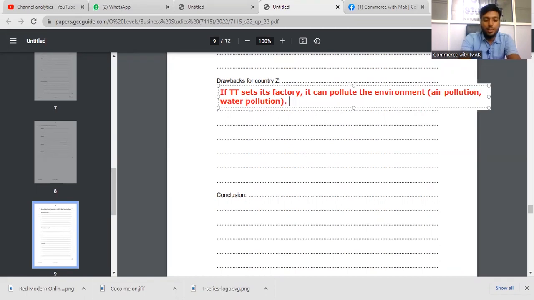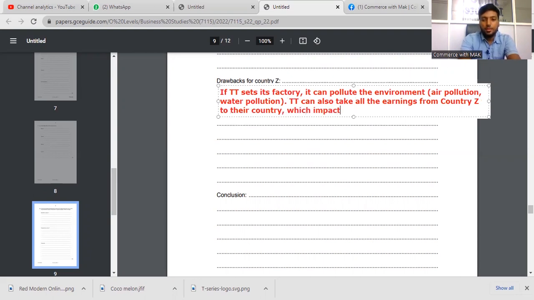Multinational company TD can also take all the earnings from country Z to their country, which impacts the money supply of country Z. Because if TD is going to take the money from the particular country and send it to their own country, what happens?